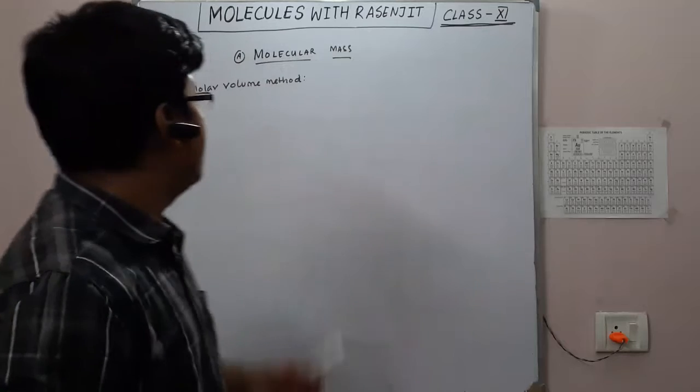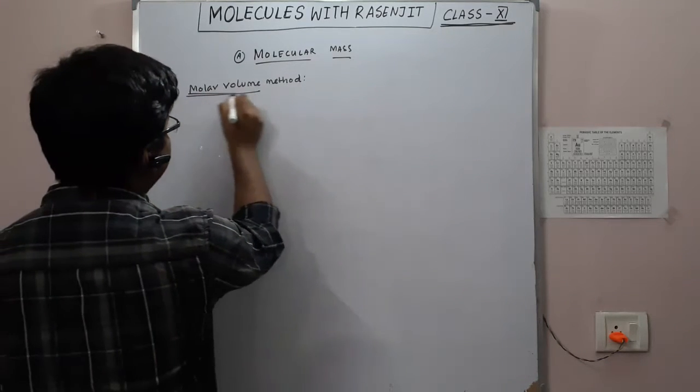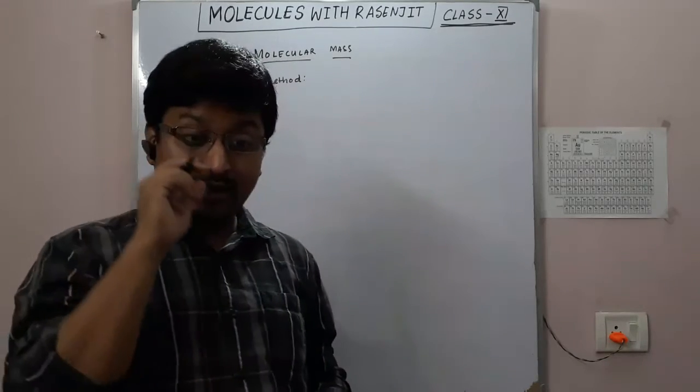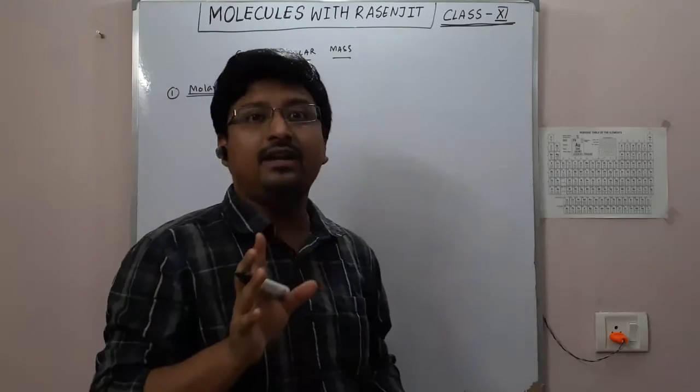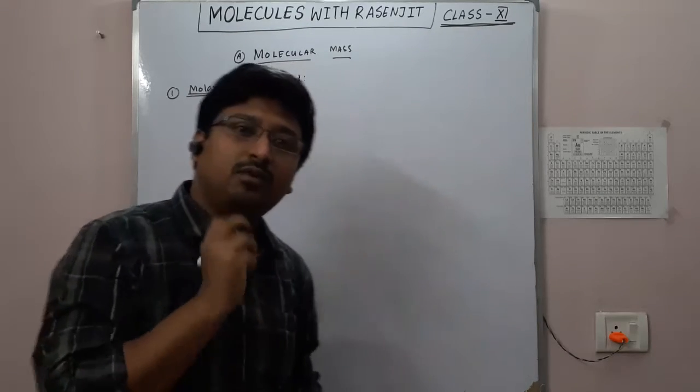The first method is the molar volume method. When I say molar volume method, first thing to come to your mind is that the substance is definitely a gas, and that gas has a particular amount of mass.